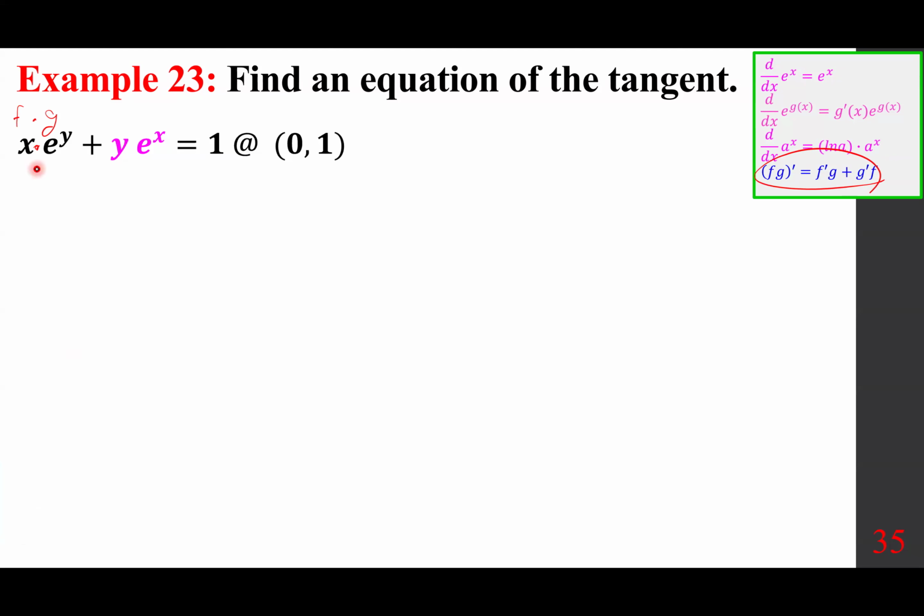So f prime is 1 times g, which is e to the power of y, plus g prime. Remember, exponential is itself, times y prime. So e to the power of y times y prime, times f, which is x.